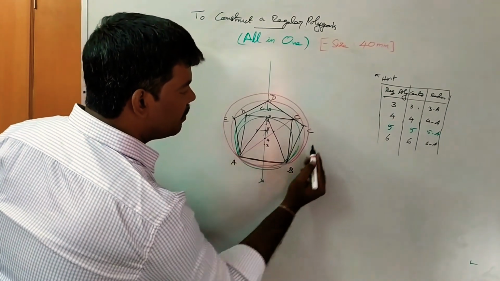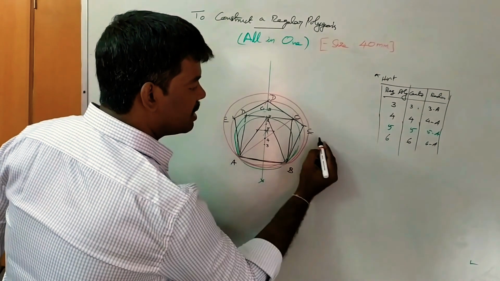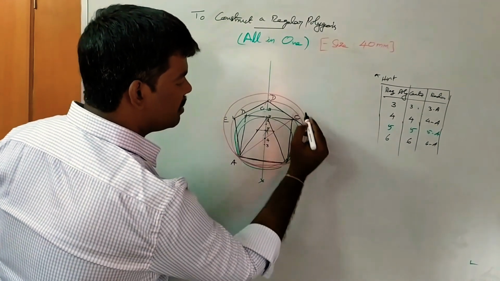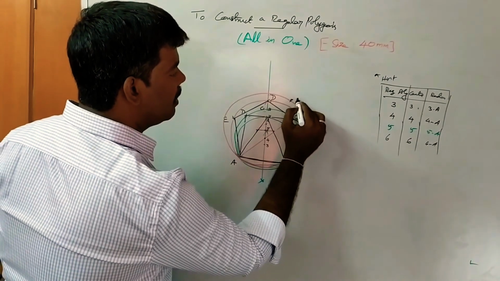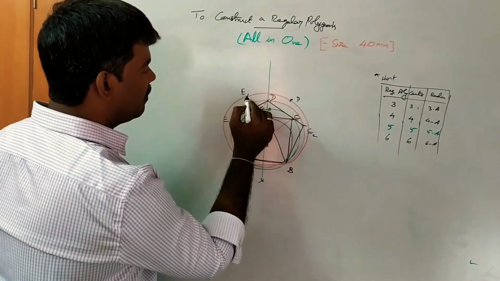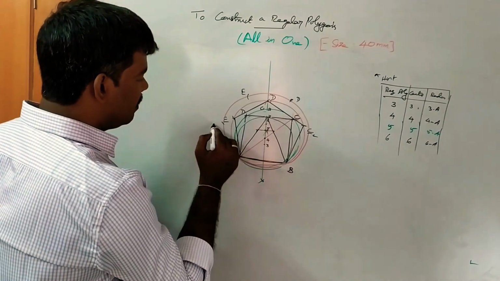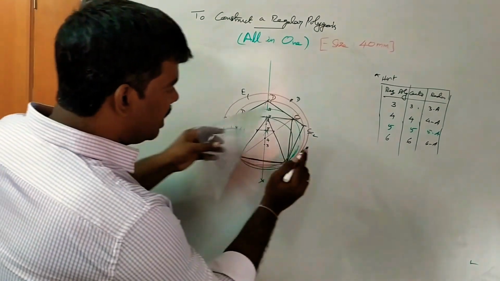So from B, you draw an arc on that 6A radius circle. It is C. From C, we get D. From D, you draw one more arc, E. From E, F.